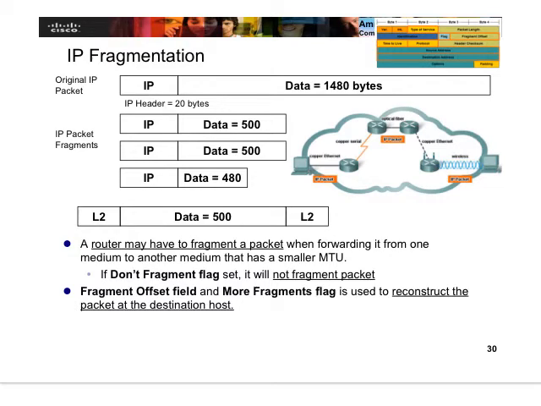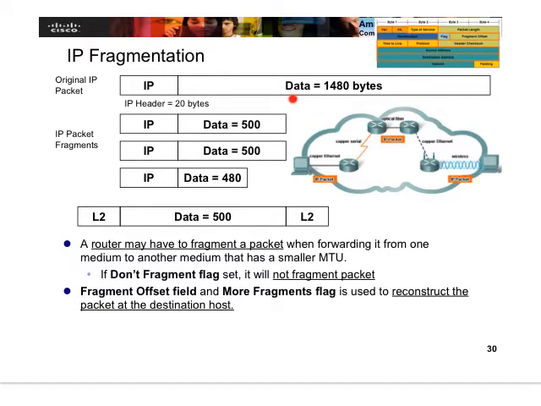The problem is that if this data passes through another router like this one, then this router figures out that this particular medium has a different maximum segment size. Well, if the maximum segment size is more than 1500, then I'm fine. I don't have to do anything.